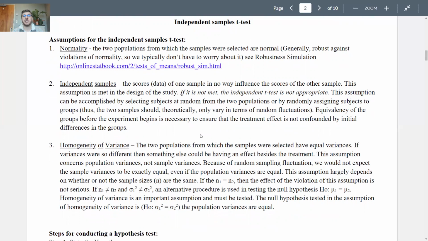And so this assumption concerns population variances, not necessarily the sample variances. And so this is an important assumption because it has implications for whether the test is valid or not. So we're going to actually test whether or not we meet this assumption or not.